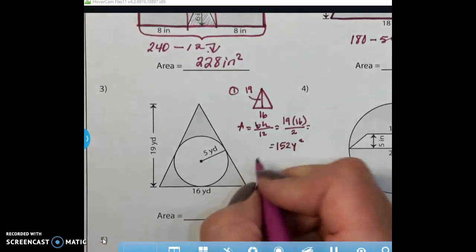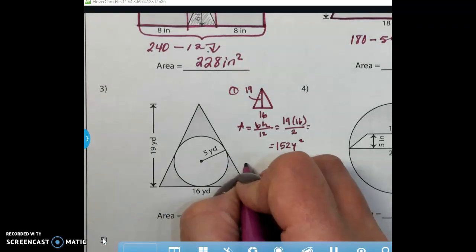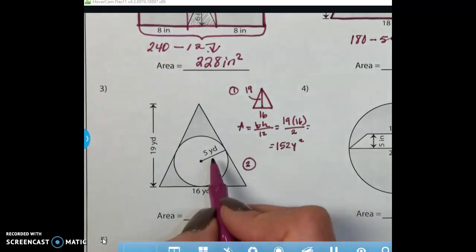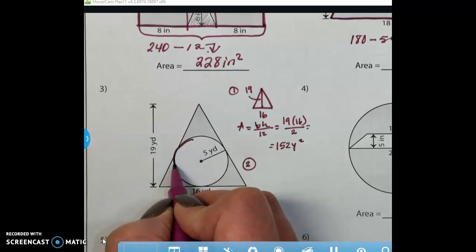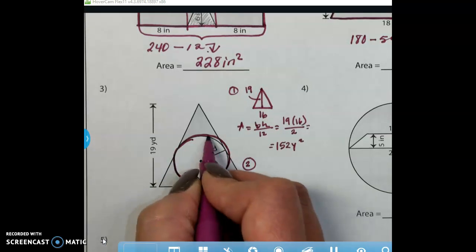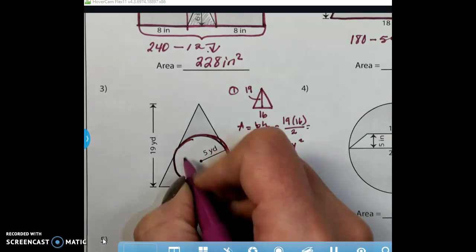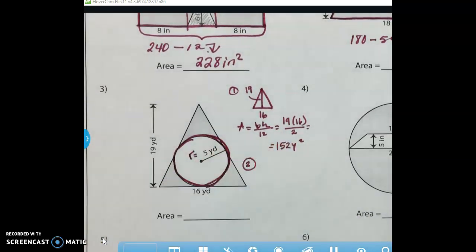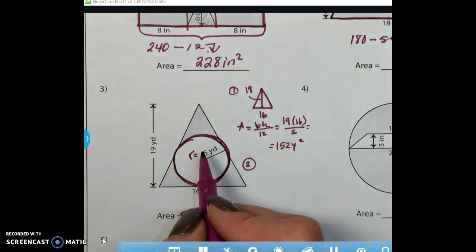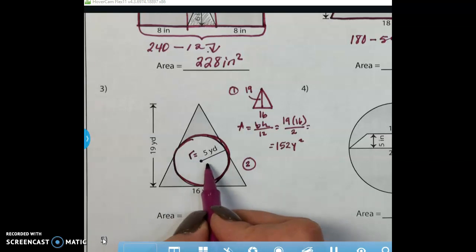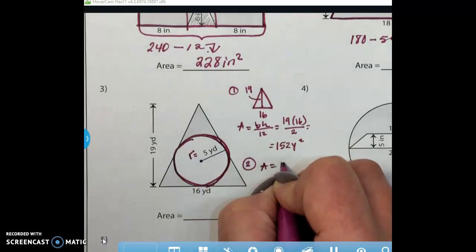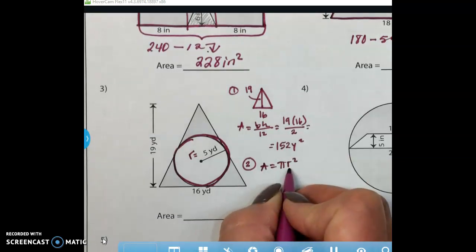All right, next step is to find the area of the circle that has been taken out of the triangle. So I'm not going to copy this circle. I just wanted to make it a little bit more bold right here and do some labeling. This measure right here, we've taken lots of time analyzing these circles. So this measure is the radius. So it's ready for us to use in our area formula. Pi r squared.